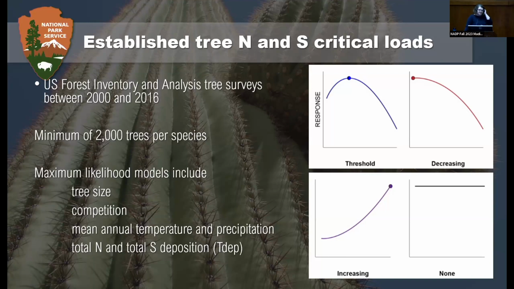And for each species, there were maximum likelihood models that included tree size, competition among individuals, climate data as mean annual temperature and mean annual precipitation, and then total nitrogen and total sulfur deposition. And so the figures on the right are the deposition relationships that were explored by these models. Models were compared with AIC scores, and the winning model had the lowest AIC score and was the most parsimonious.